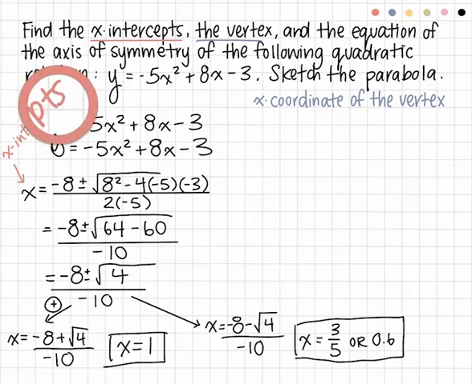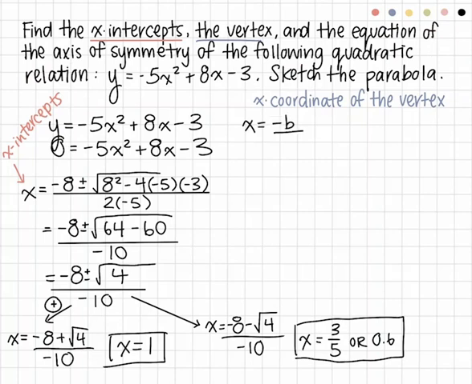We're going to use that new equation that I just showed you, which was x equals negative b over 2a. So all I'm going to do is take my a, b, and c values. I know I just erased them, so I'll rewrite them here: a equals negative 5, b equals 8, c equals negative 3. Maybe we'll draw a little bubble around them so we don't mix them up.